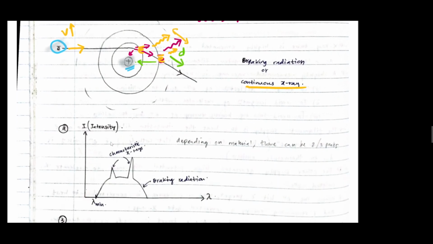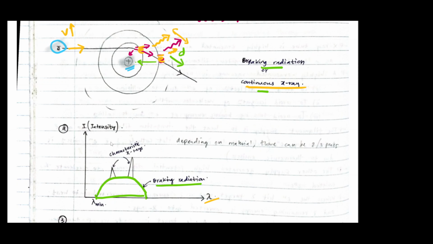So if we look at the graph of intensity versus lambda, look, we get a continuous wavelength, and this wavelength is due to braking radiation. We call this continuous X-ray or braking radiation.